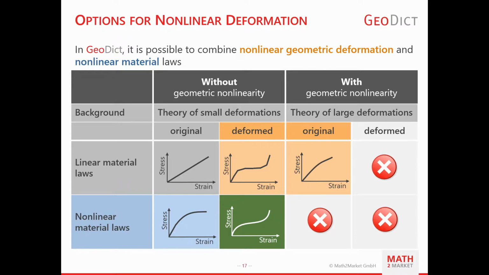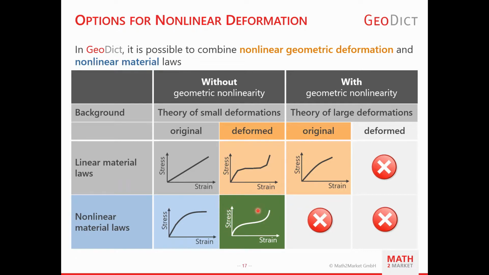But there's also an option to use the theory of small deformations to simulate a large deformation in Geodict. And that is when you use the option undeformed geometry, which is indicated here. And I will explain to you in detail what undeformed geometry means on the next slide. The advantage of undeformed geometry is that you can combine it with both linear material laws and nonlinear material laws.